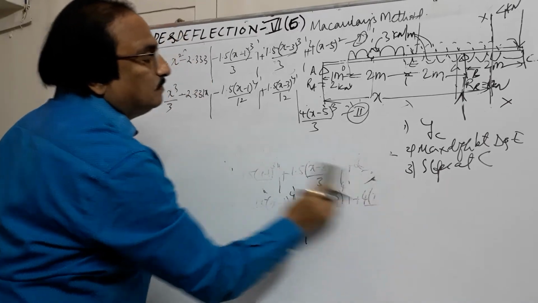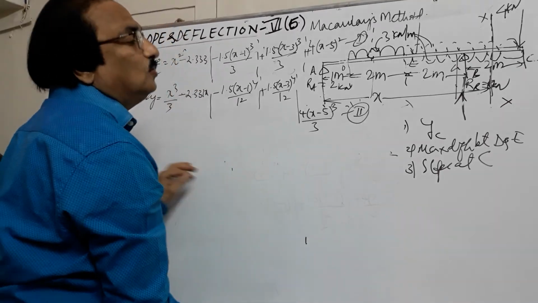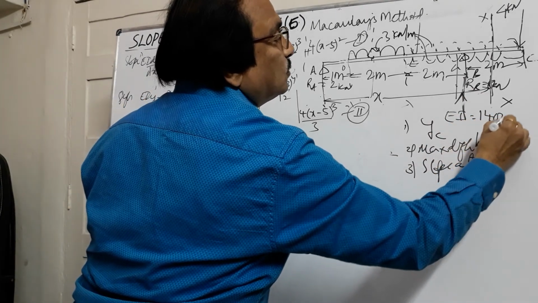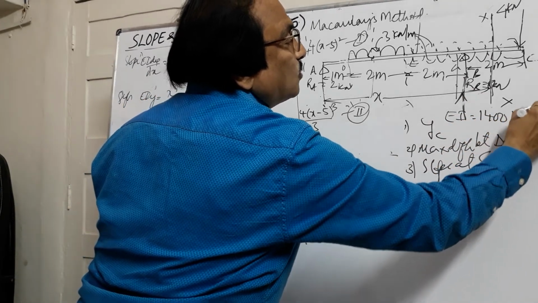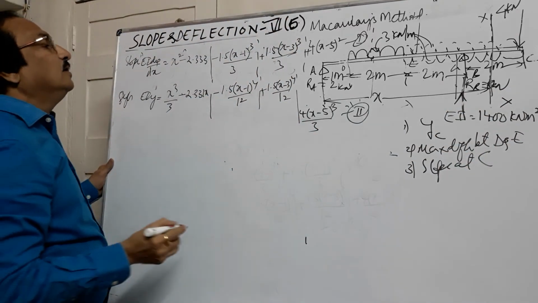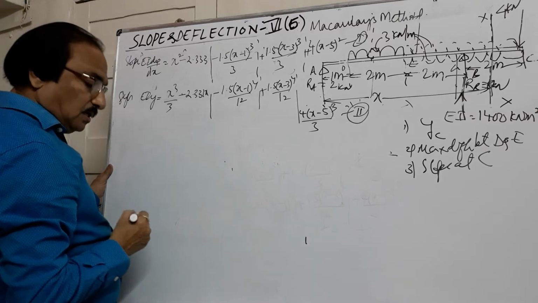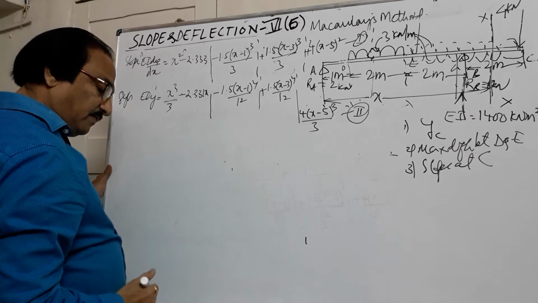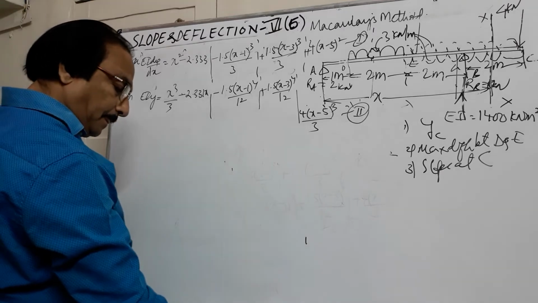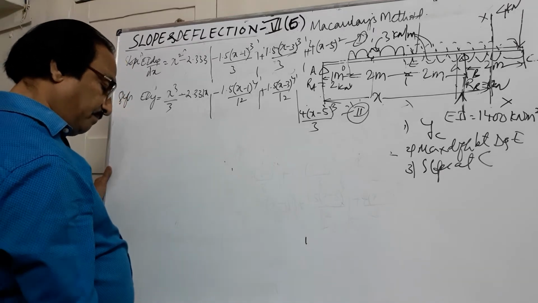So in this problem, another data is given to you. EI is equal to 1400 kilonewton meter square. So here EI is combinedly given, not separately. So let us find out the slope and deflection at the free end.